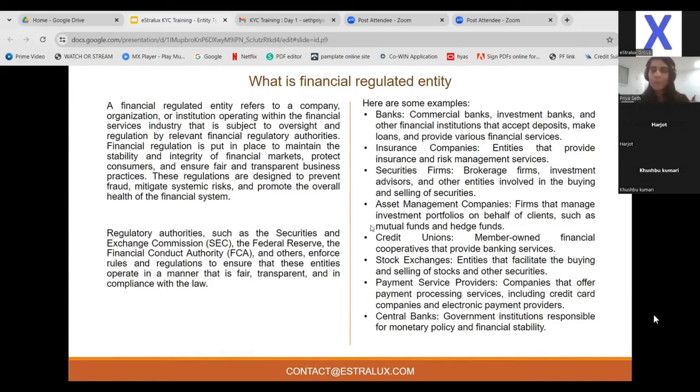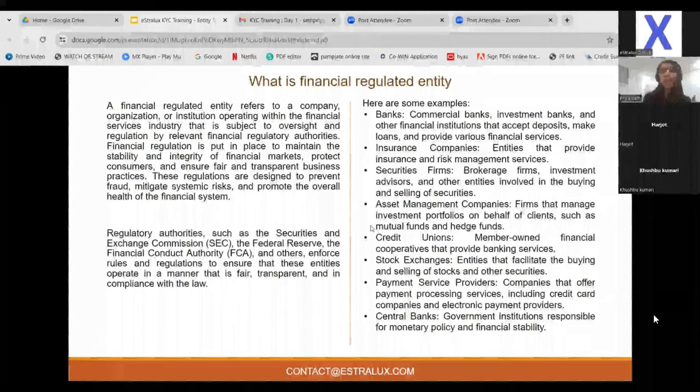Yes, ma'am. I have some examples for you on the right-hand side: banks, insurance companies, security firms, assets, stock exchanges, and central banks. To hold that position as banks, securities or insurance companies, they cannot just come up one day and say, I will create a regulated entity.